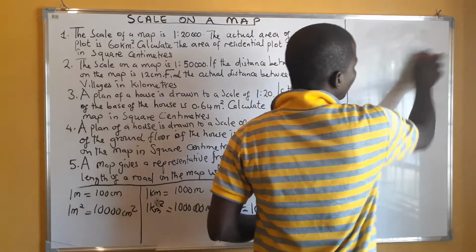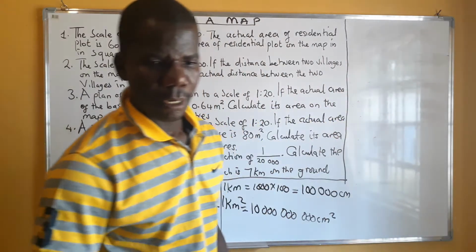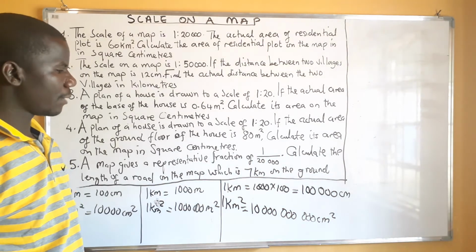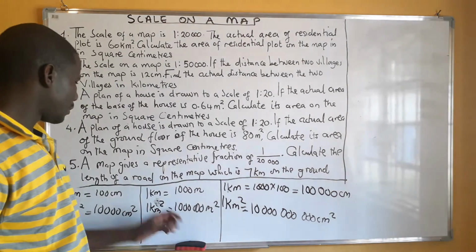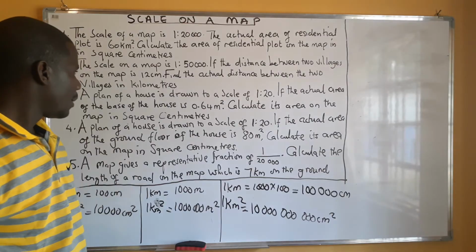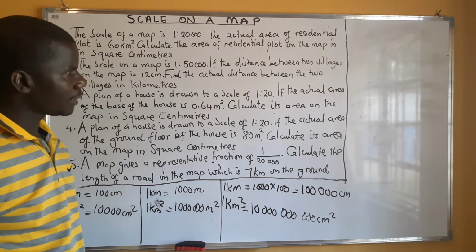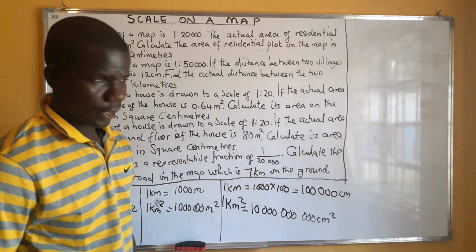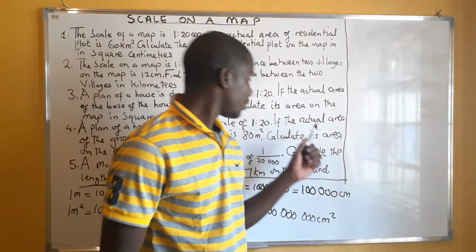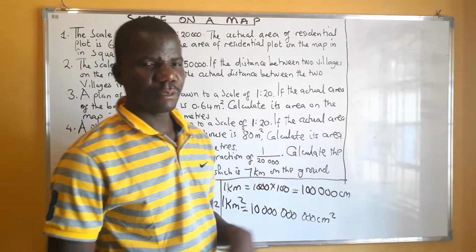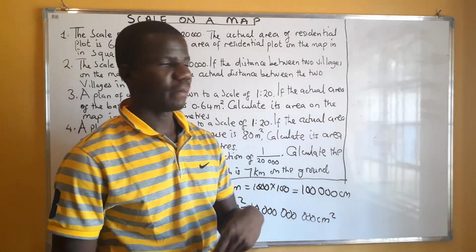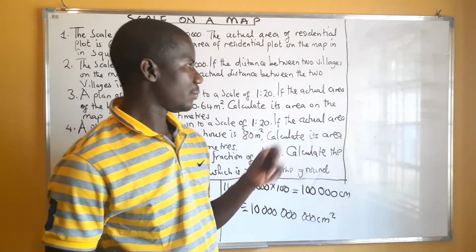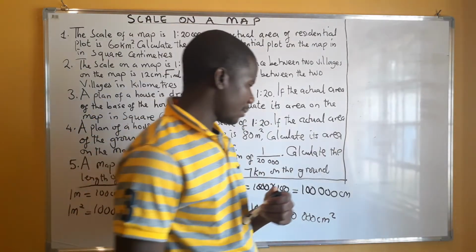Anywhere, even in a noisy place, you can deal with the subject. So let's consider the second one. I only hope and trust that we are following and we are getting something, because all of these questions I've collected from different past papers. I hope if you are going through the past papers, you come into contact with them.